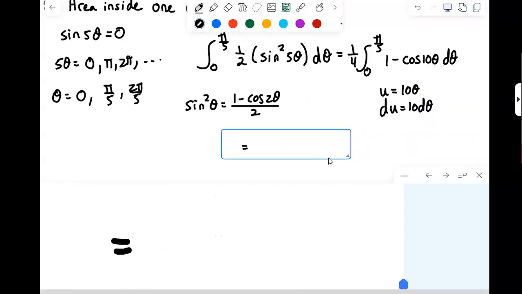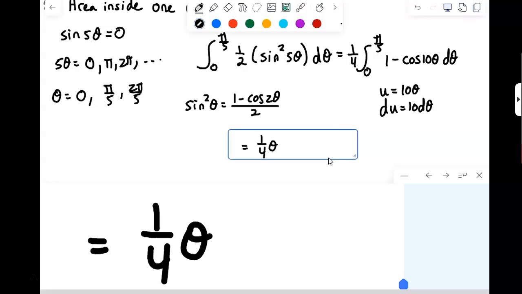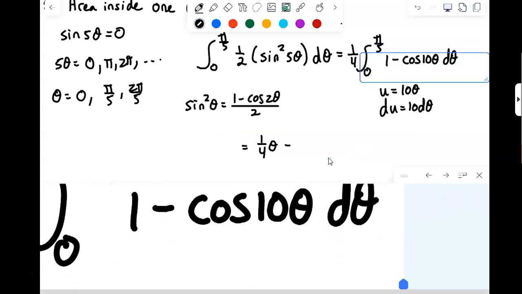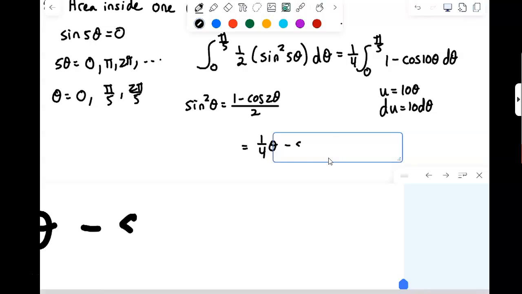Putting all that together here, integral of 1 is just theta, so we'll have a 1/4 theta. Minus integral of cosine will be sine, so that will be a sine of 10 theta.